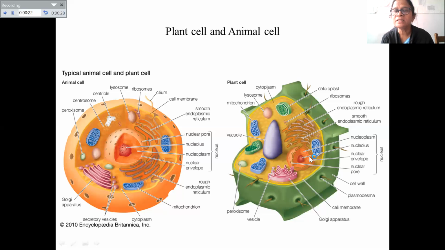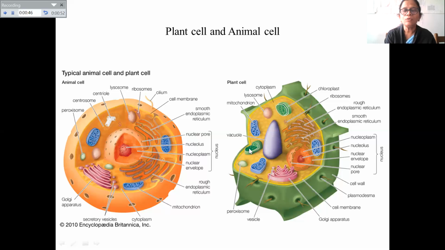So we can see here the Golgi apparatus, but in the form of dictyosome. In plant cell they are called dictyosomes. In animal cell, the Golgi apparatus is present.